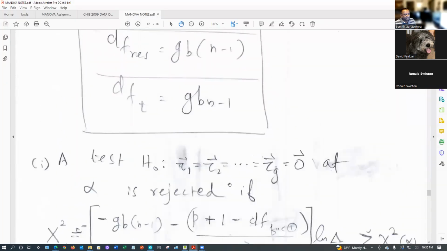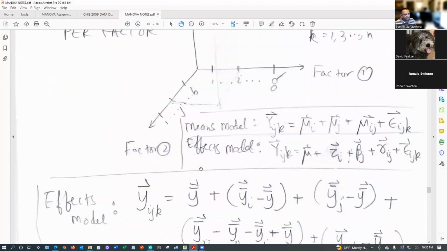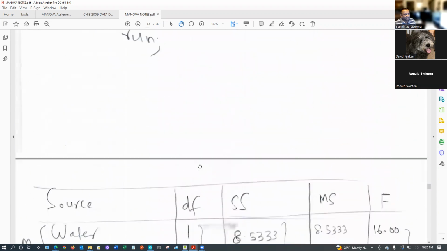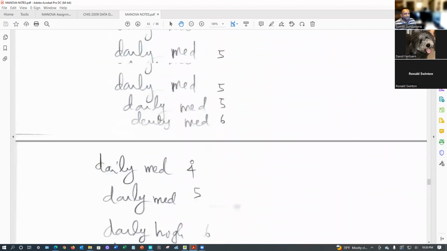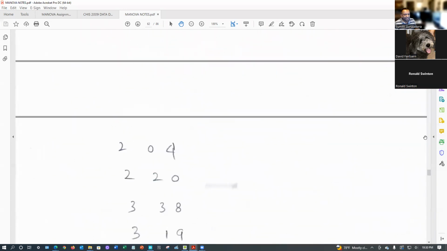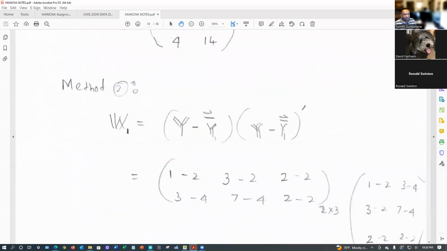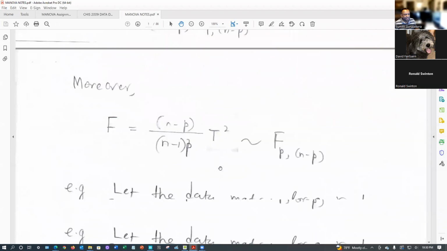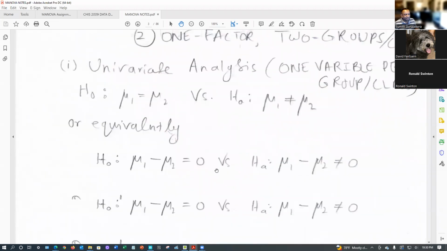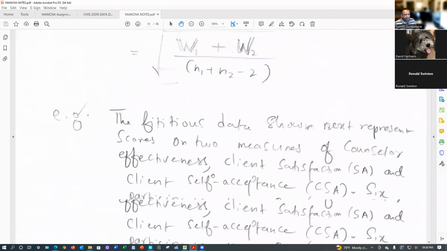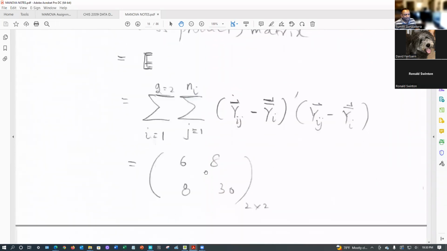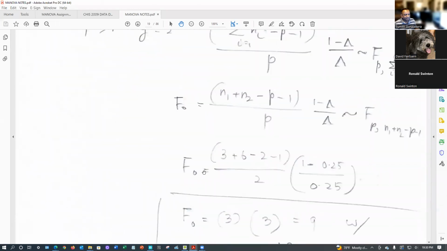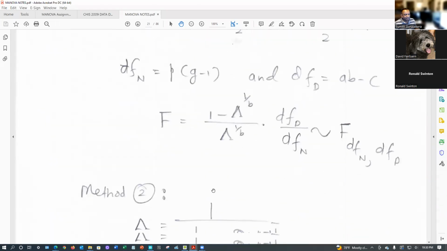We mentioned that one, effect. We sometimes use the average, sometimes use the effect. There are two models. In the very beginning, I mentioned that one. There are two models. When we come to the ANOVA, I mentioned that one model is the effects model, the other one is the mean model.